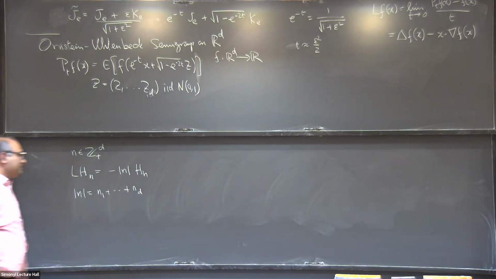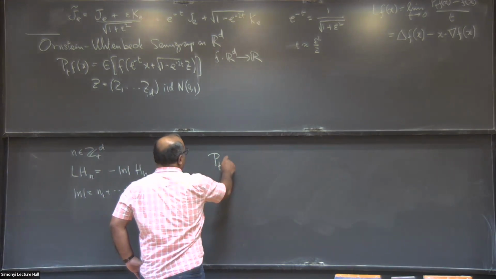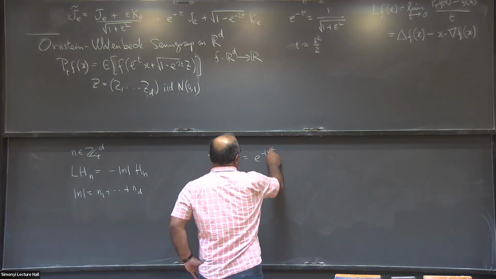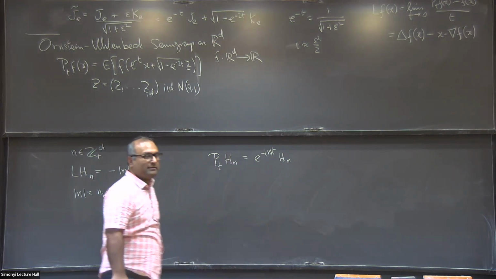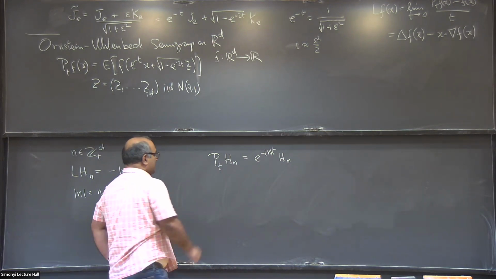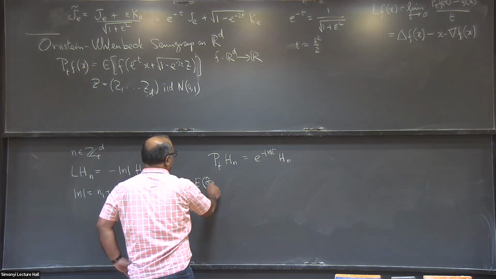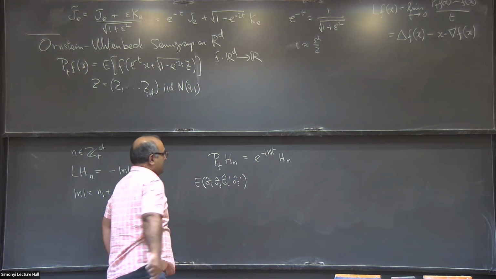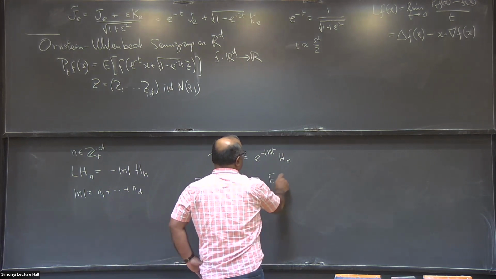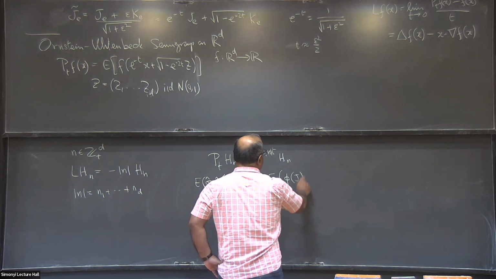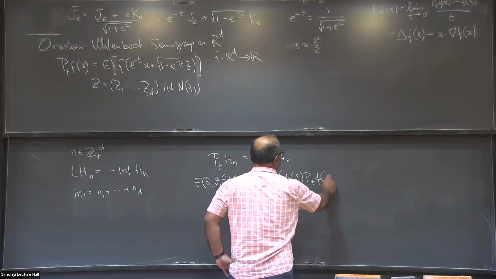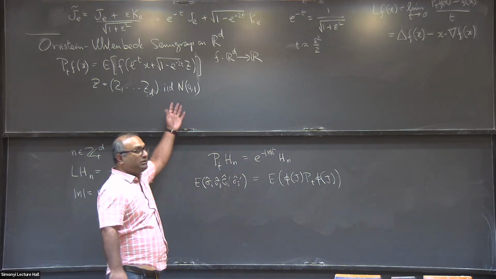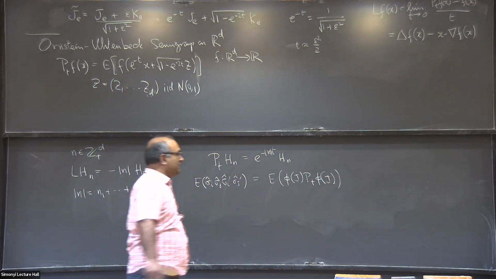Okay. And so this implies that P_t of h_n is e to the minus nt times h_n, right? So if you take the expectation of sigma_i hat, sigma_j hat, sigma_i' hat, sigma_j' hat, this becomes the expectation of phi_j, P_t of phi_j, because this is obtained by replacing by this thing, where t is defined by that equation.